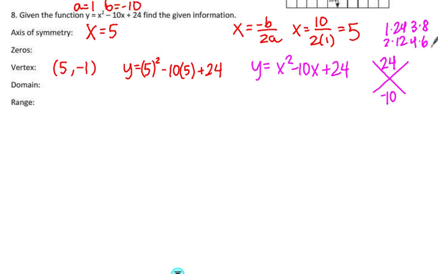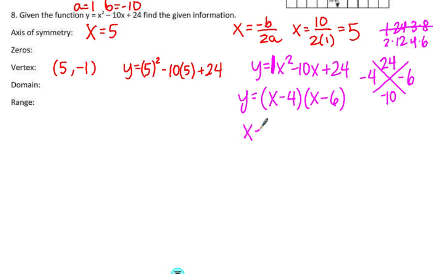I could see that it could be between these two. However, one of these would have to be negative to add to 10, and that wouldn't make a positive 24. So what we're going to actually get here is negative 4 and negative 6. Taking my shortcut, you just plug those up against your x. I get x minus 4 and x minus 6. Again, that only works when this is a 1x squared, so don't forget that.